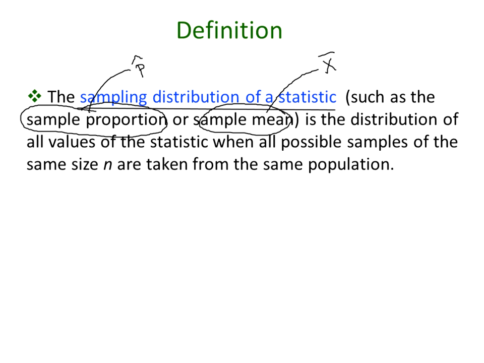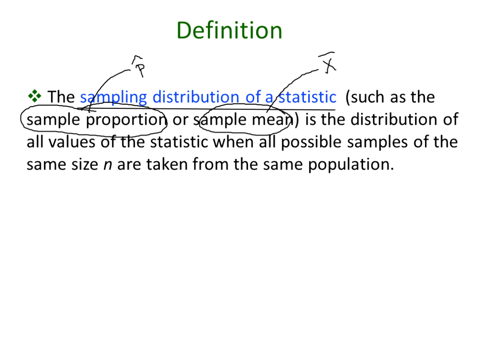So you're grabbing a group of items from one population. You randomly select a group of the same size from that population, and you continue doing that. And what we do is we look at the distribution.